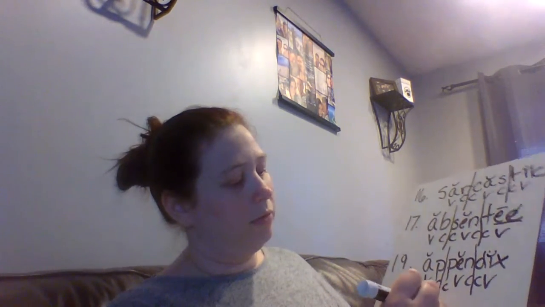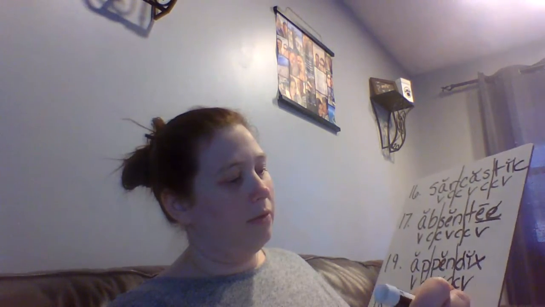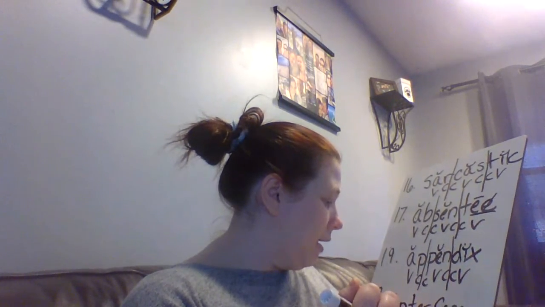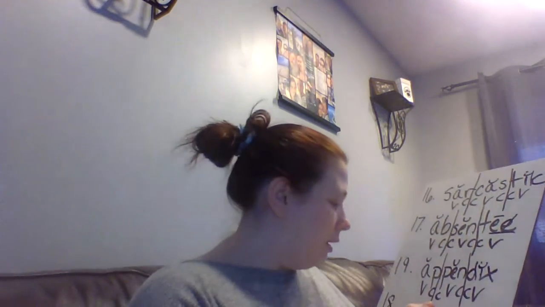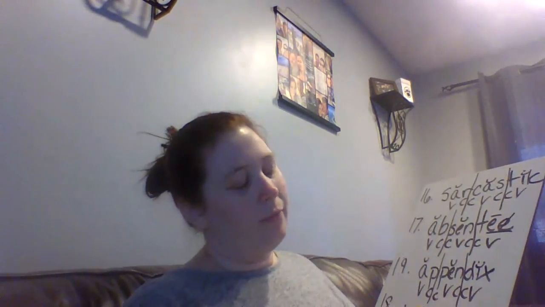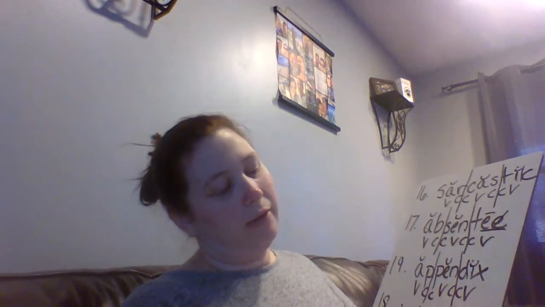Interfere. All right, interfere. We're going to cross that E out. And then we're going to put a macron on there. So there we have vowel, consonant, E. Here we have vowel, consonant, consonant, vowel, consonant, consonant, vowel.